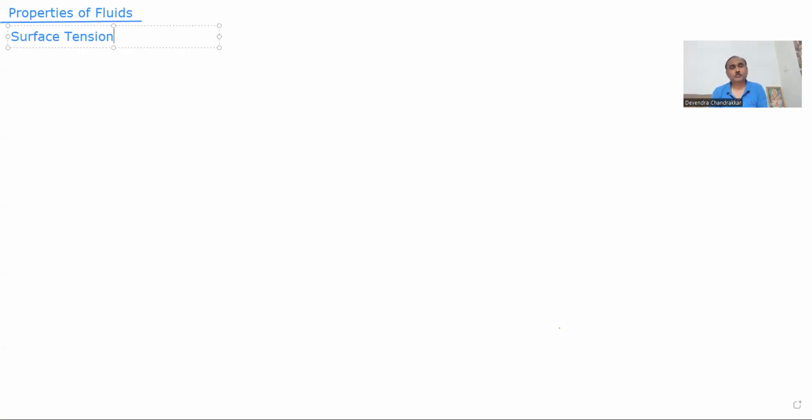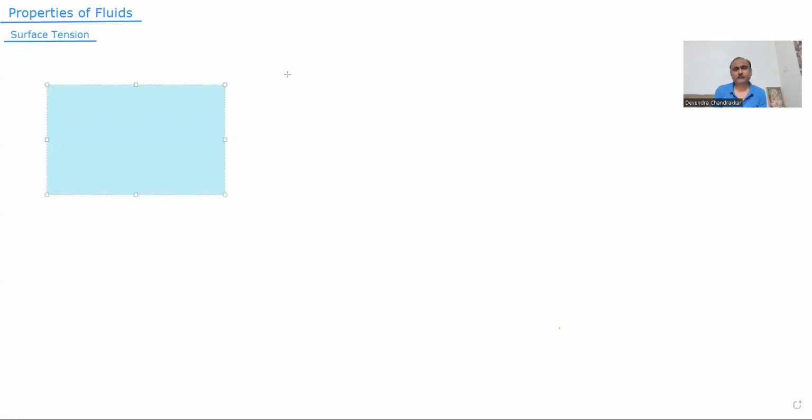From NEET or JEE perspective, it's a very important subtopic because you will frequently see at least one question from properties of fluids in these exams.